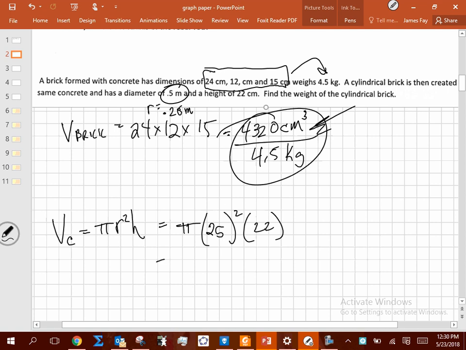When I square it, this is centimeters as a unit, this is centimeters as a unit. When I square it, I get 625 times pi. That would be centimeters squared, because I square those units, times 22. That all equates out to 43,196.89 cubic centimeters.